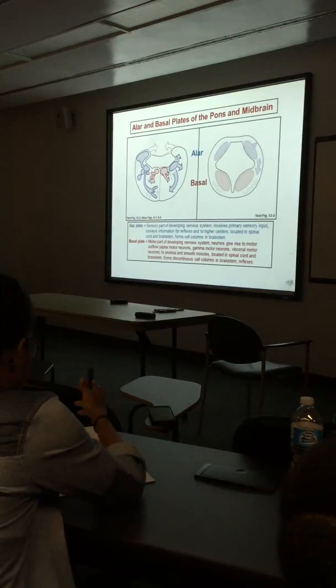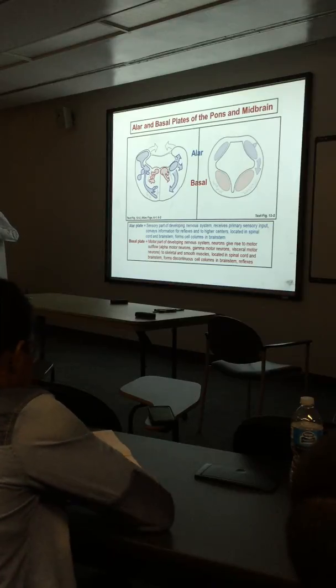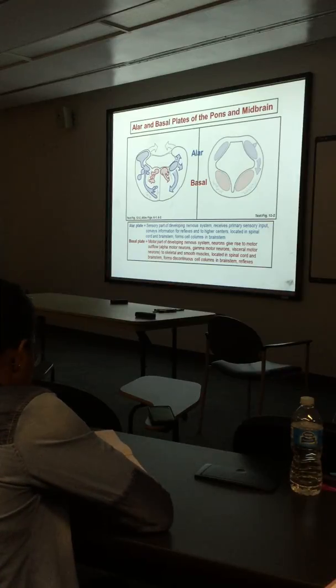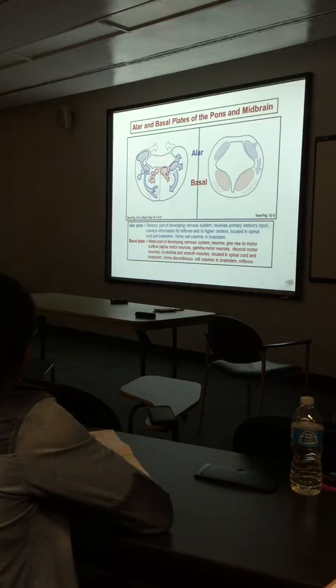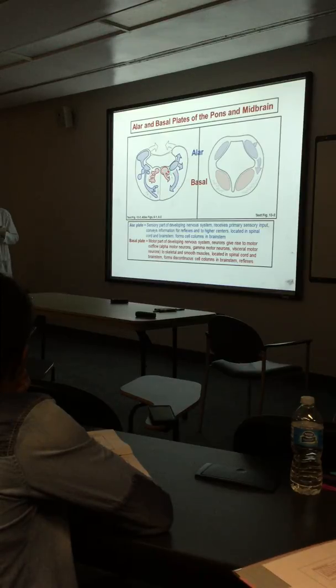Just a reminder, again, I know you've seen these before, but we're still talking about issues related to alar and basal plate. In the spinal cord, it's organized this way with the alar plate up here, basal plate down here. But when you get into the brainstem, it changes because the ventricles show up, the cerebellum shows up, and the alar stuff goes out laterally, the basal stuff comes here, and the arrows represent the fact that the alar and basal plates are giving rise to other structures.